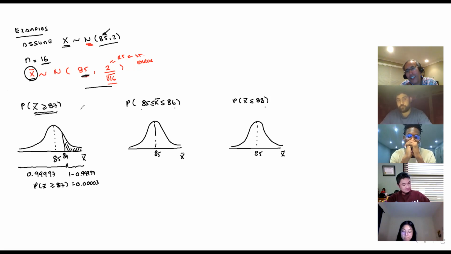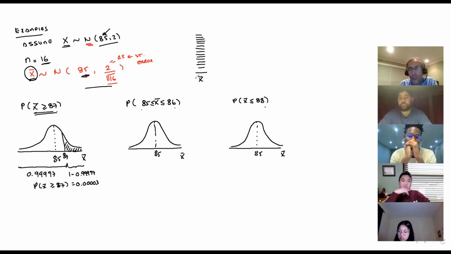Okay, and the intuition is very simple. Imagine that you have 16 students, and you simply record the grades: 82, 83, 78, 92, etc. And then from here, you compute the mean. So you simply sum and divide by 16. This is your mean.